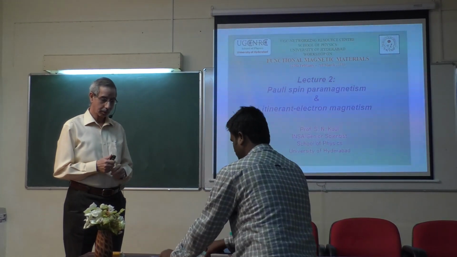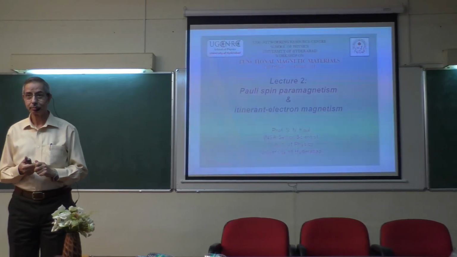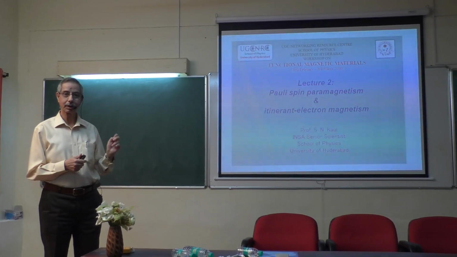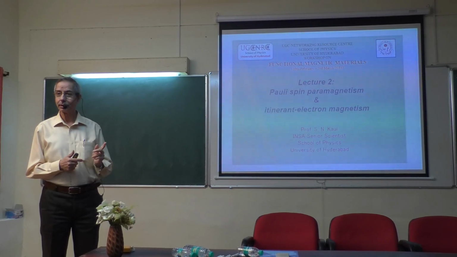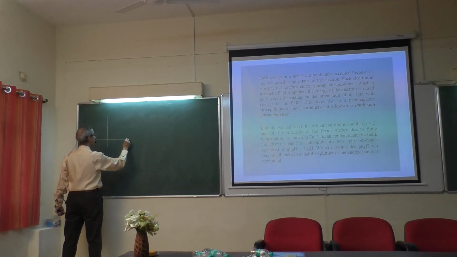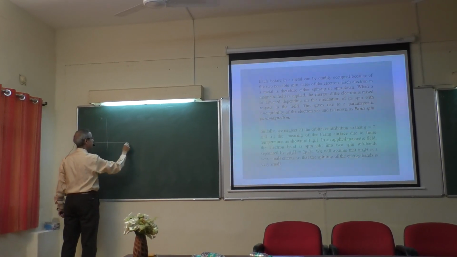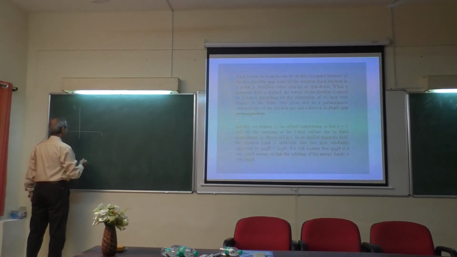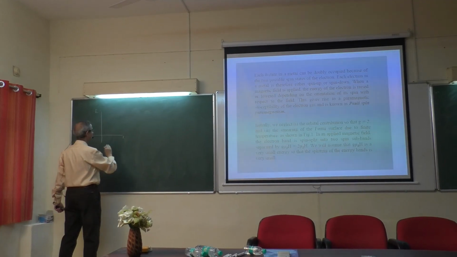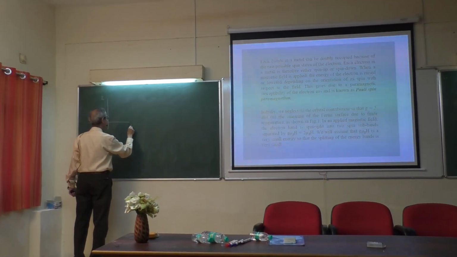Now, before I start with this lecture, let me caution you that the subject I am going to cover today is rather difficult. Instead of the E-k diagram, I will talk in terms of the density of states.